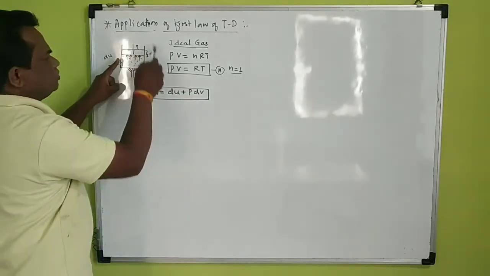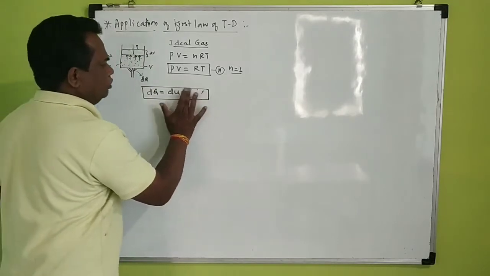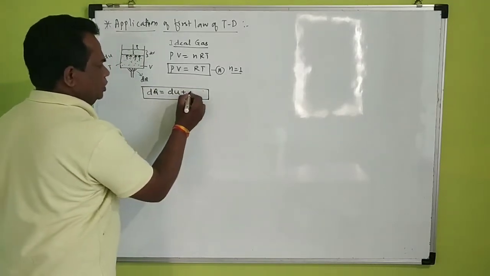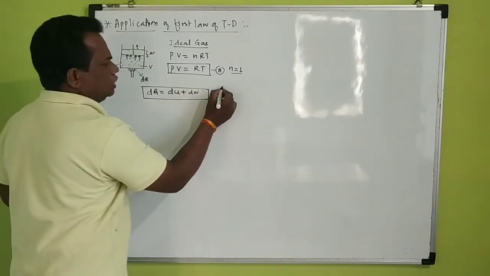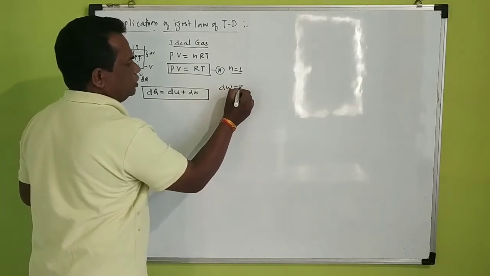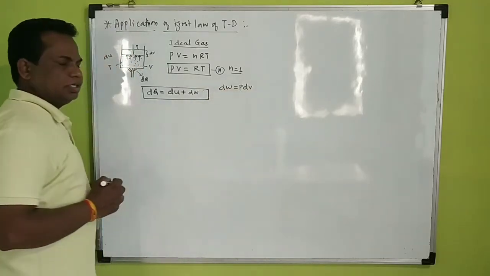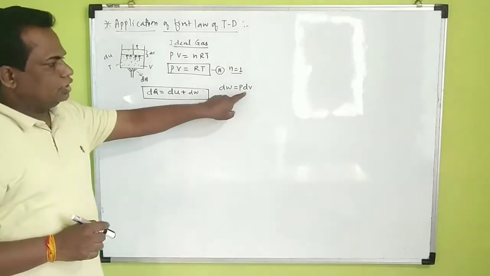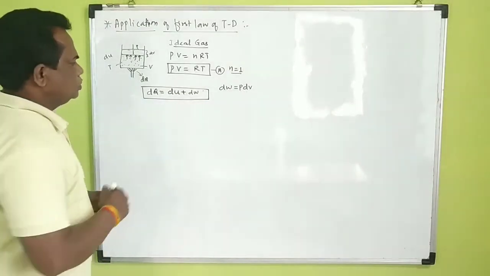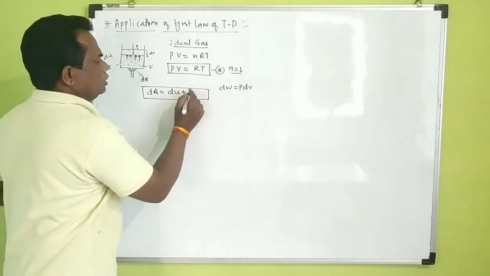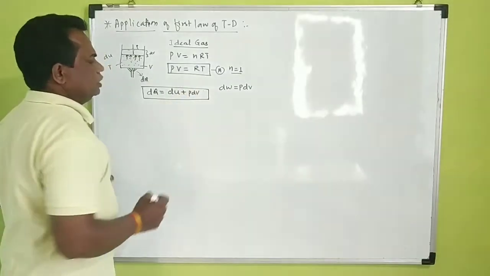Pressure into displacement, that is dW, the work done. Work done is force into displacement, nothing but pressure into the increase in volume, that is PdV.